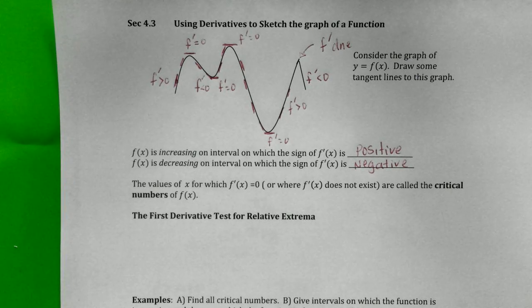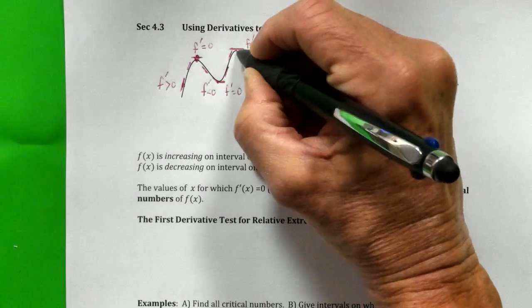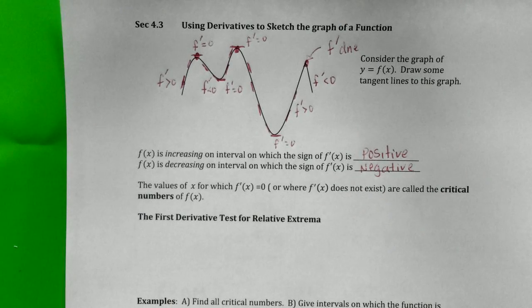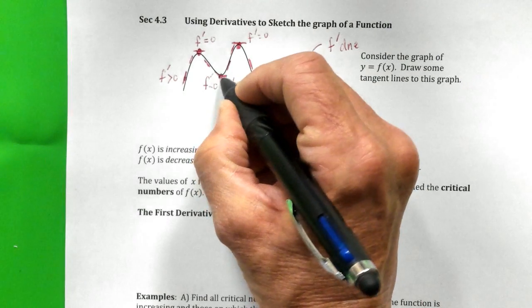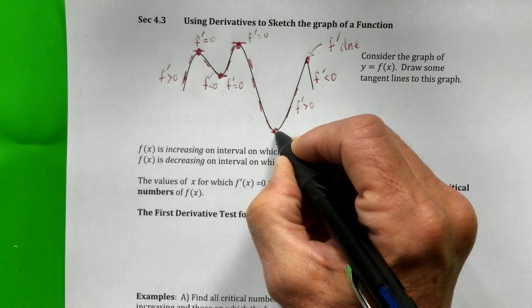If you look at our graph here, this point and this point and even this point will be relative maximums. They're taller than the ones around them. Down here I'll have a relative min, and here I'll have a relative min, because they're lower.